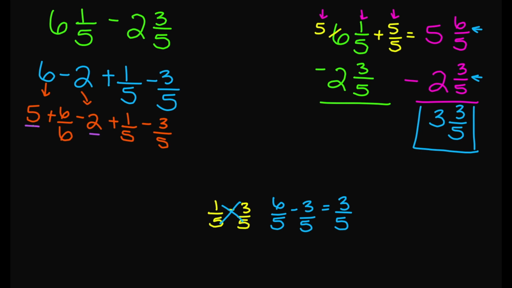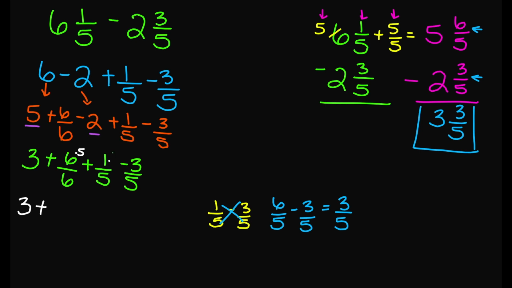So now we have 5 minus 2. This is going to equal 3. And then now we have plus 6 over 6 plus 1 over 5, and then minus 3 over 5. So now we have 3 plus, if you add all your fractions here together, you're going to multiply top and bottom here by the number 5, because our common denominator here is going to be the number 30.